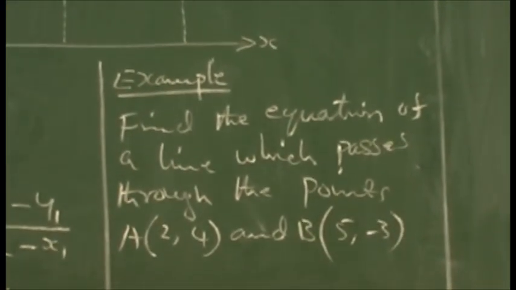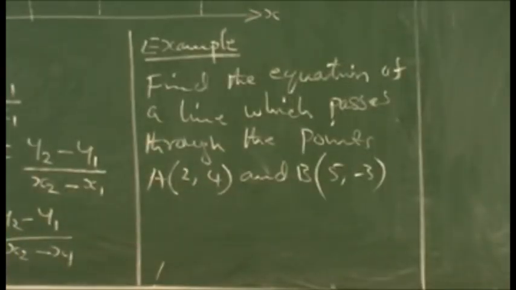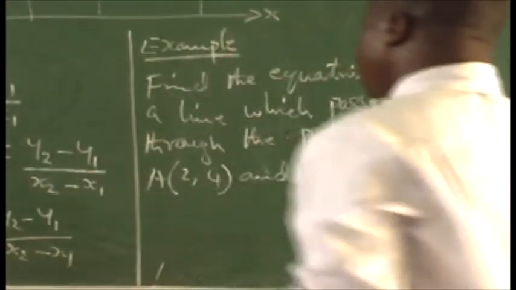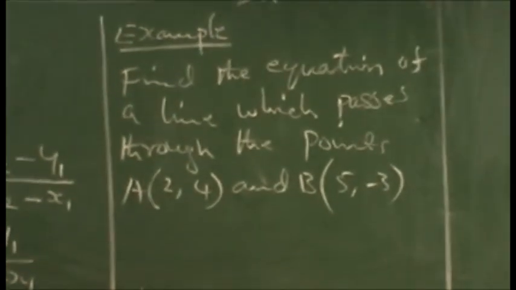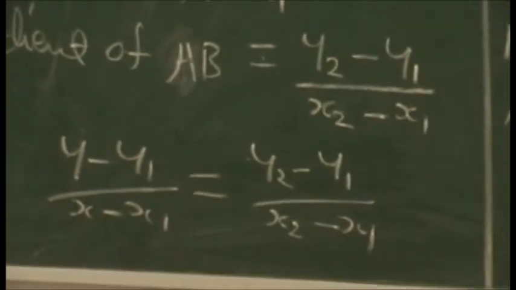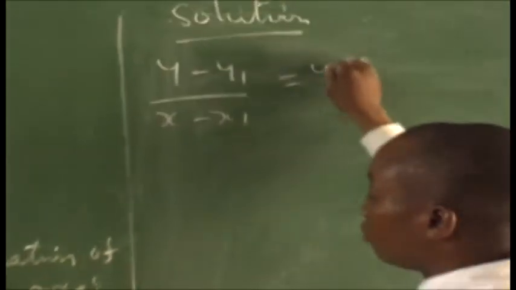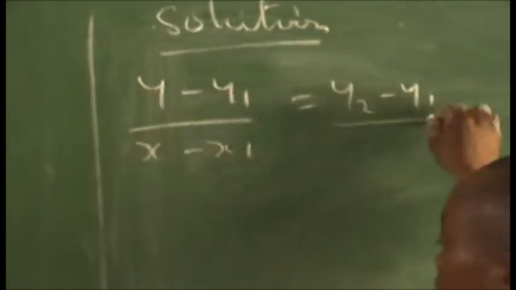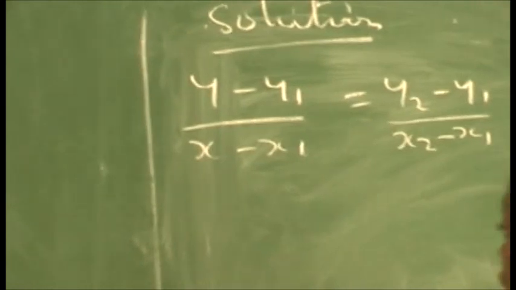So we will now substitute this in the equation of the line, which is y minus y1 all over x minus x1 will be equal to y2 minus y1 all over x2 minus x1. Now here, this is the first point, and we have the second point.